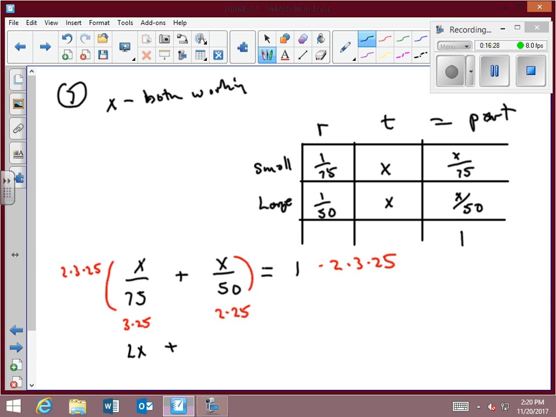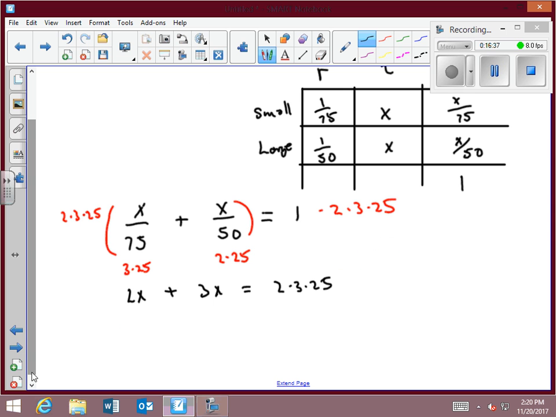The second one is going to be 3x equals 2 times 3 times 25. So it's 5x equals 2 times 3 times 25, and x is going to be 2 times 3 times 25 over 5. And that's going to be 2 times 3 is 6.